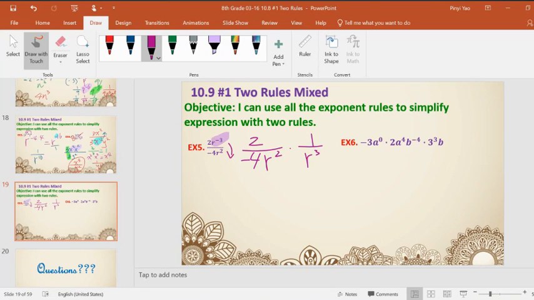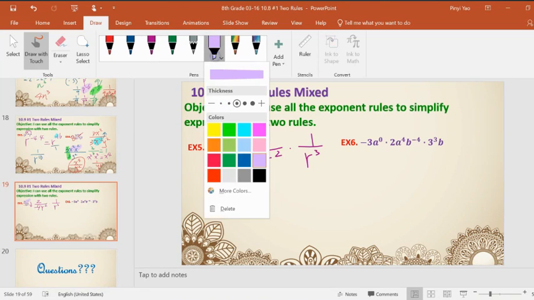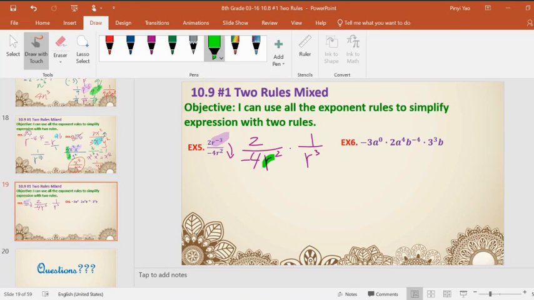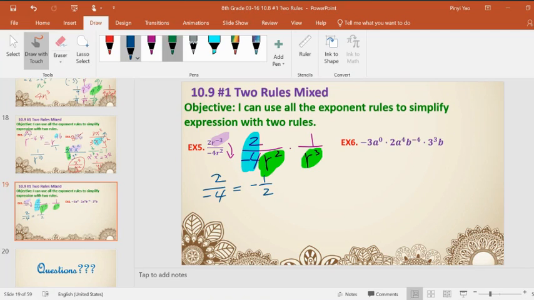And we're done with the third step, so last thing, we just need to check for same base, so that we can add the exponent or subtract. In this case, we have r squared on the bottom and r cubed on the bottom. We can put them together. And also we can deal with the number in the front. 2 over negative 4, that can be simplified to be negative 1/2.